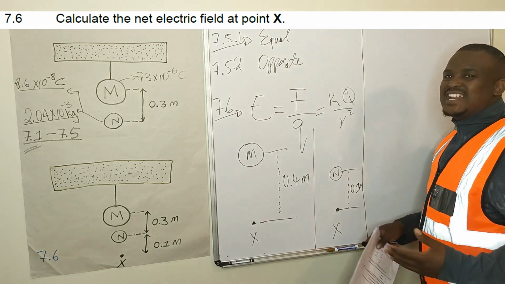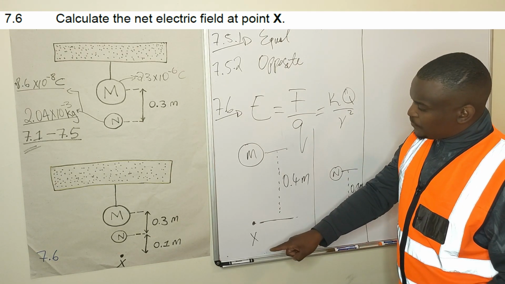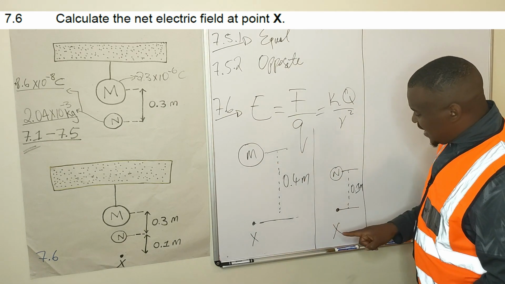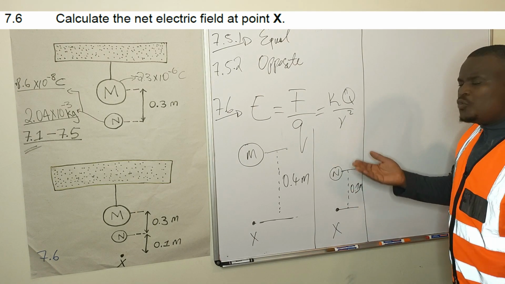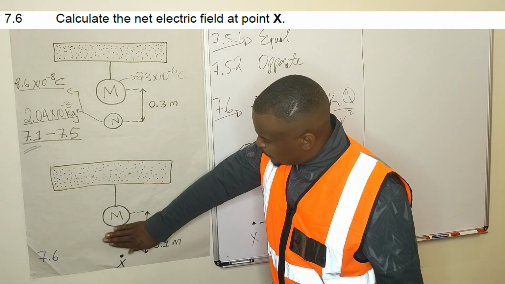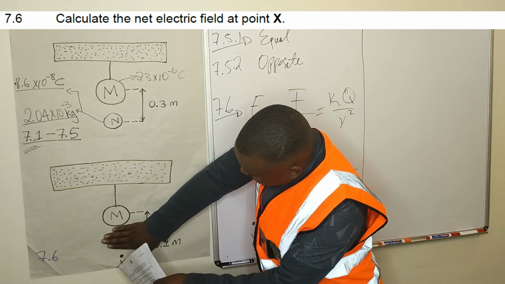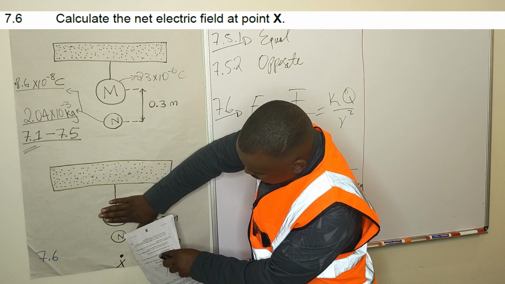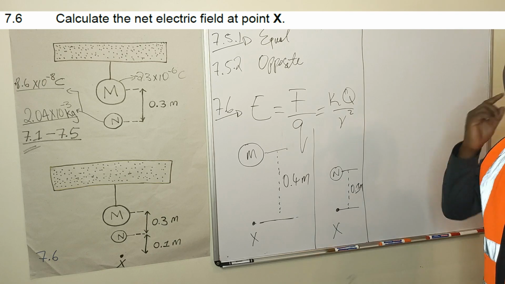Look at one situation separately, find the field at X due to M, then the field at X due to N, and then add the two electric fields. This is how you calculate the net electric field.